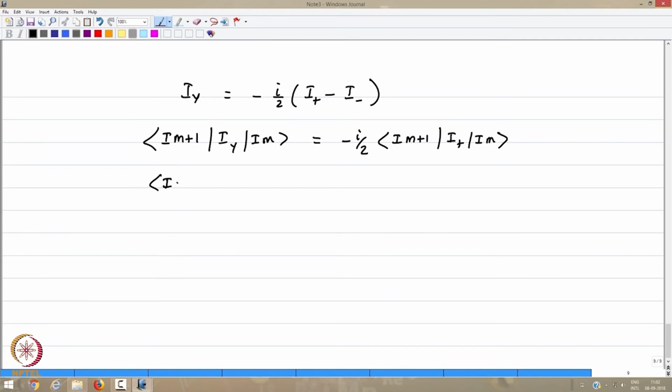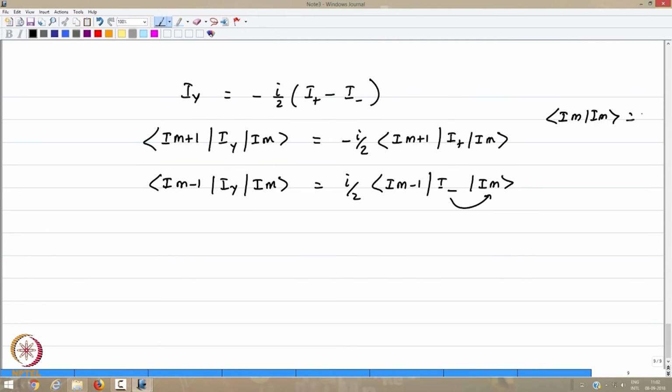And Im minus 1 on Iy, Im will be, there is a minus sign here, so it will be plus I by 2, Im minus 1, I minus on Im. I minus on Im lowers it to one value down, and therefore, the normalization property of the states Im is 1. That takes care of it, and therefore, you can write the same thing as Im minus 1, Im minus 1, that is also 1, for any value of m which is the same on both the Ket and Bra states.